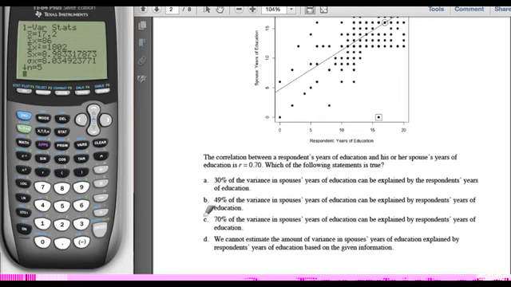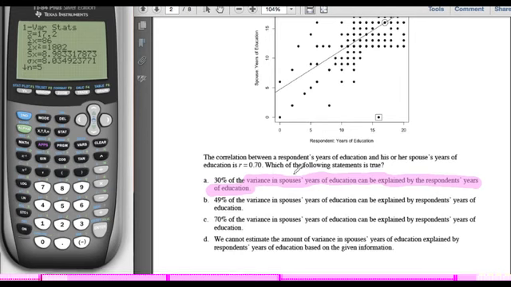If I look at A, B, and C, each starts with a percentage: 30%, 49%, or 70%. Then the rest is the same. So I need to decide, is it 30, 49, or 70%? A says 30% of the variance in spouse's years of education can be explained by the respondent's years of education.